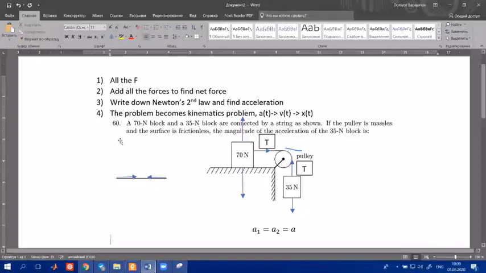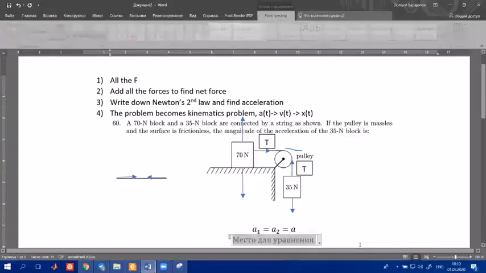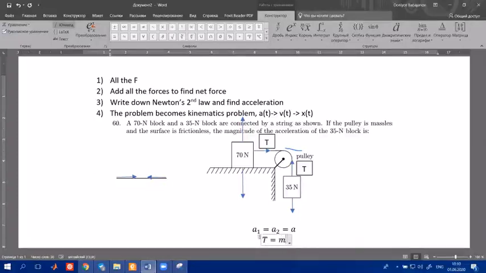The next step is to write down Newton's second law. Newton's second law for the first body is T equals m1 multiplied by A1. A1 is A.